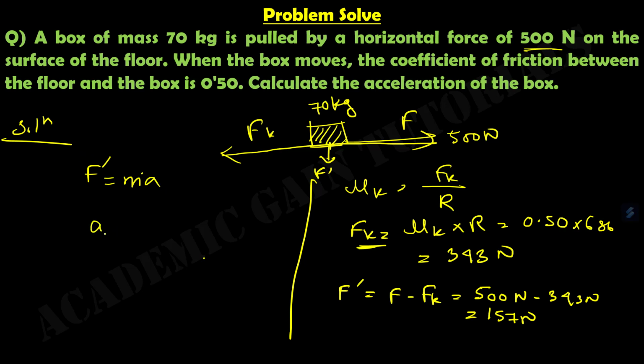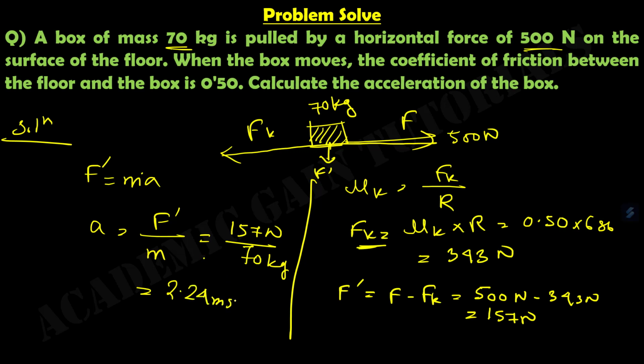So a equals F prime by m, and we found F prime equals 157 Newton, and the mass of the box is 70 kg. So the answer will be 2.24 meter per second square. So this is our second problem we solved.